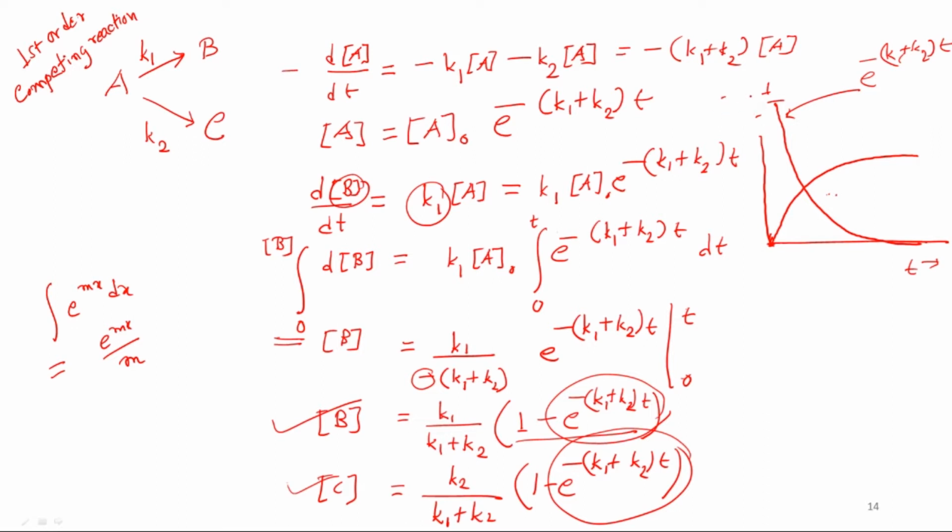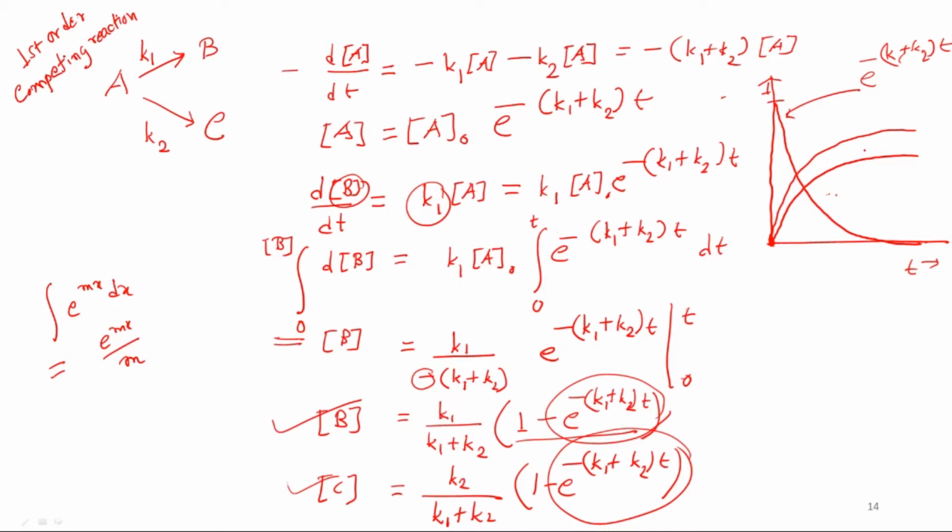So this was the axis, and I'm plotting here A by A0, or B by B0, or C by C0, the concentration normalized. And then the concentration for C, suppose, is here.